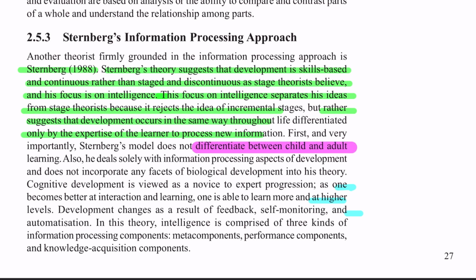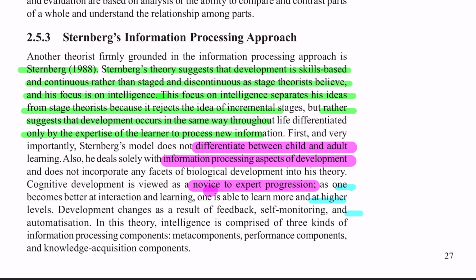He says this is the only process by which we gradually learn, right? Also, he deals solely with the information processing aspect of development. Cognitive development is viewed as a novice to expert progression. Novice means you are new and then you become an expert gradually. So in that manner, he sees everything.